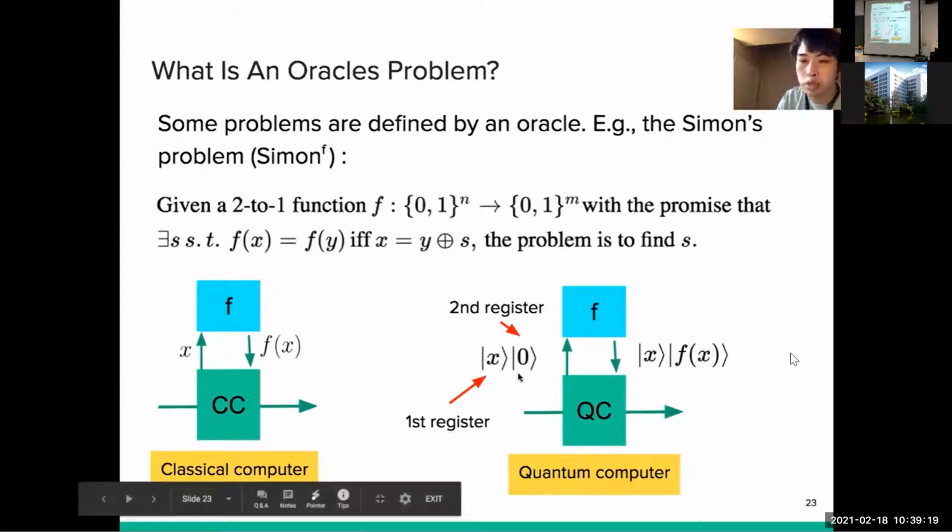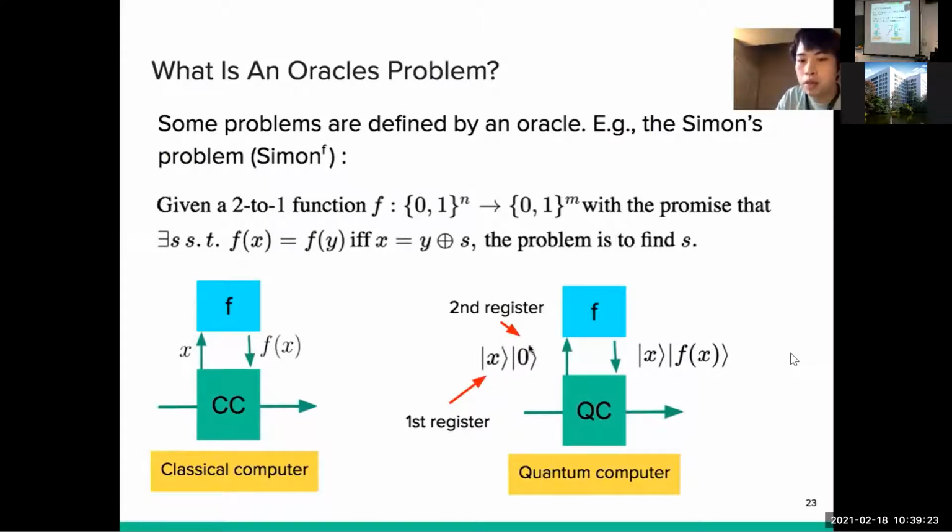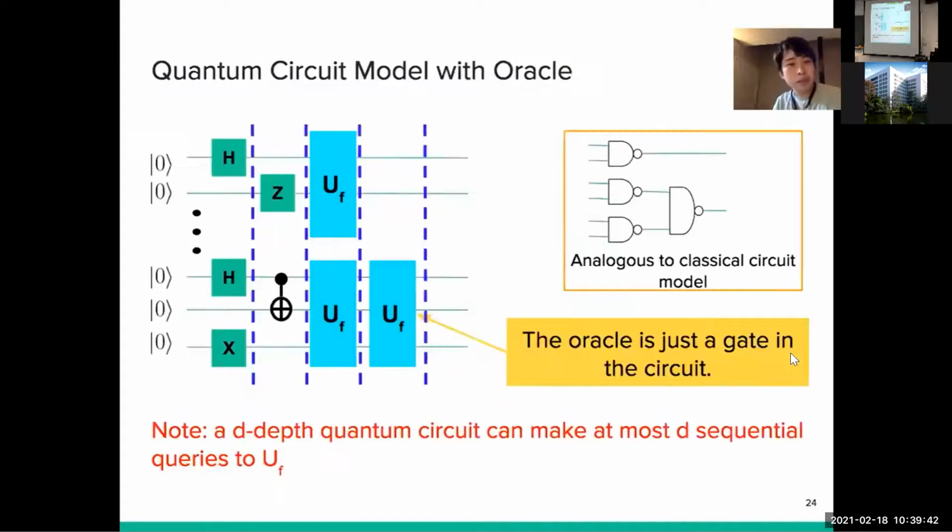You have two registers for your query. The first register will be your question, and the second register will just be zero. Then you send these two registers to the function f, and the function will reply with x and f(x). The function puts the answer in the second register. This is the quantum query model.